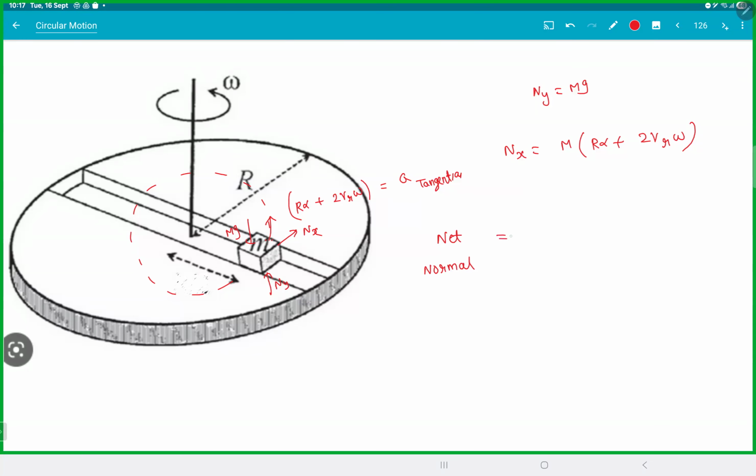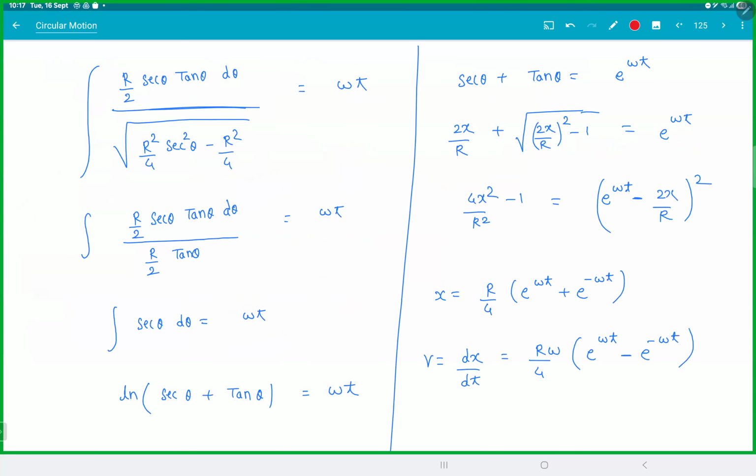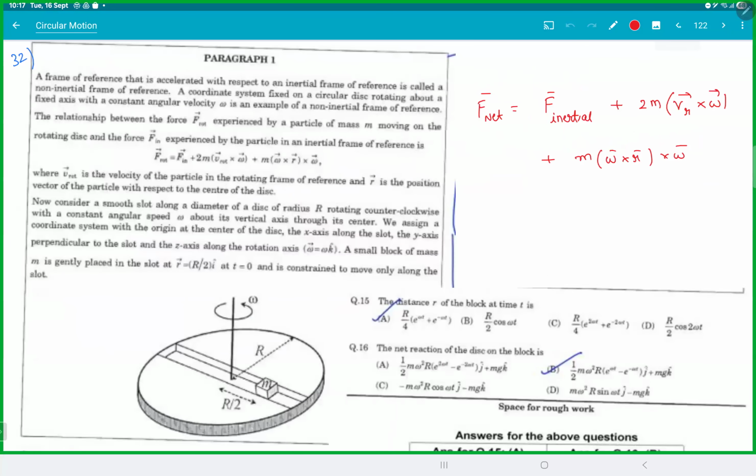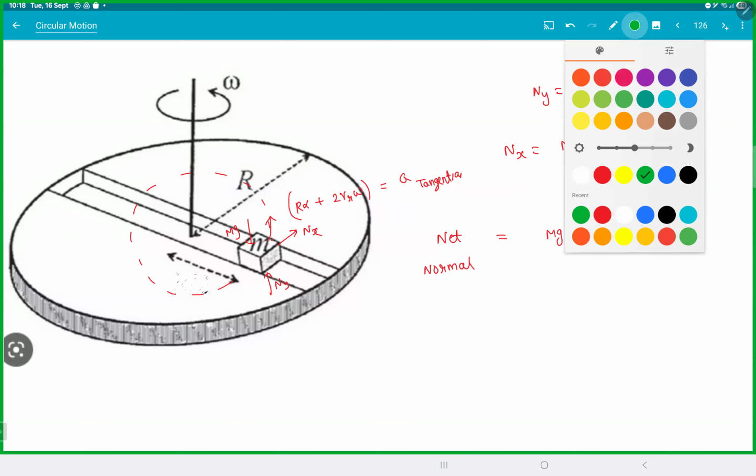So the net normal reaction will be, one is vertical j cap and the other one is, at this instant, asking, right? He gave r by 2 y cap, so it is horizontal. Alpha is 0 here because the thing is going with constant acceleration.